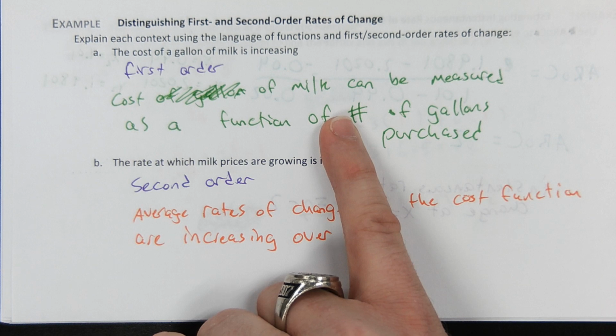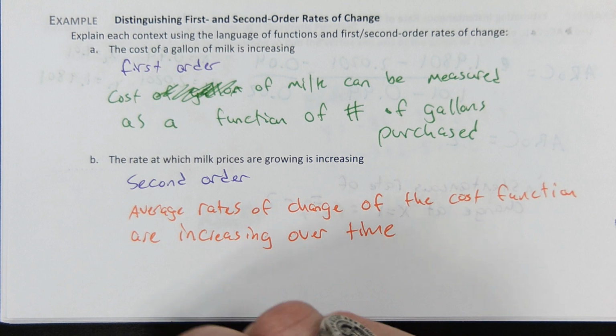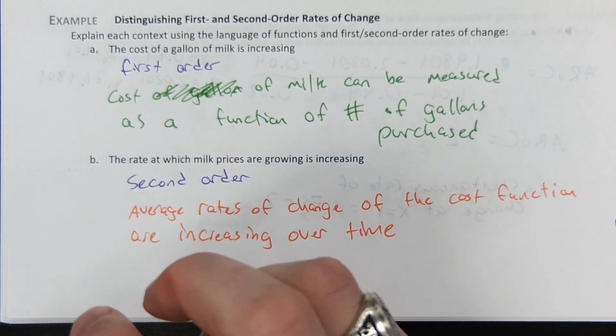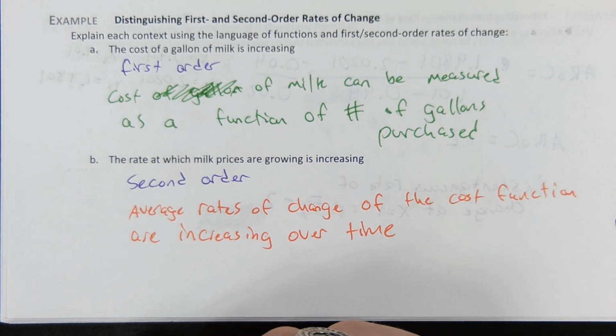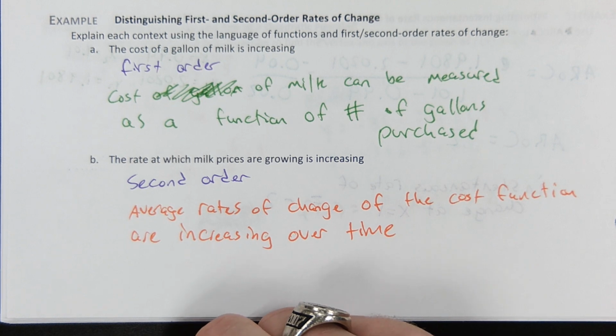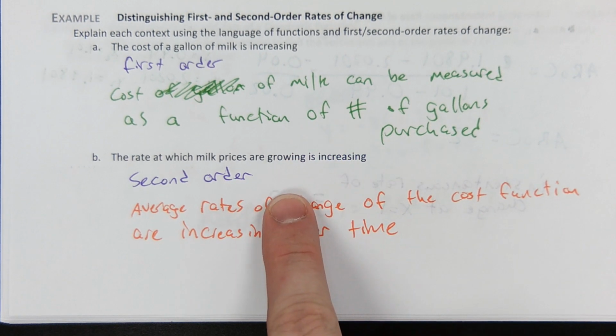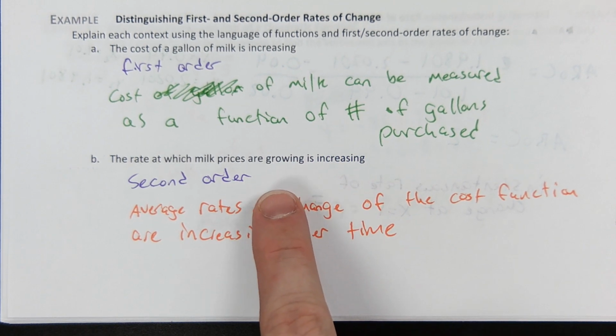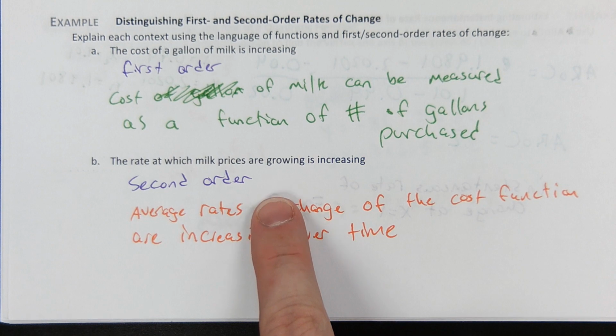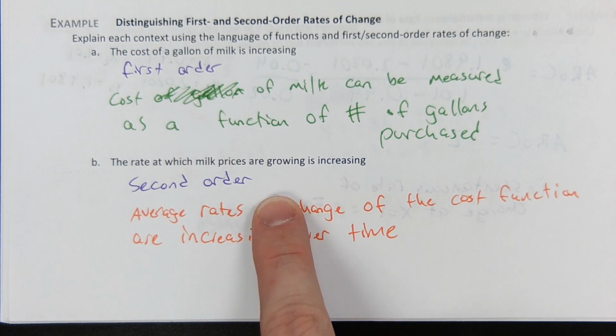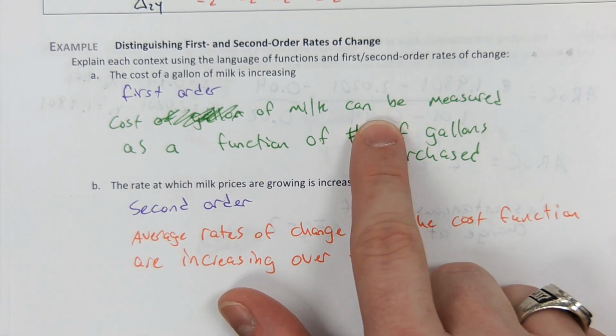Now if we were to graph the cost of a single gallon over time though, not over the number of gallons, but over time, the cost of a single gallon is now your Y value, whereas this one's Y value was cost.